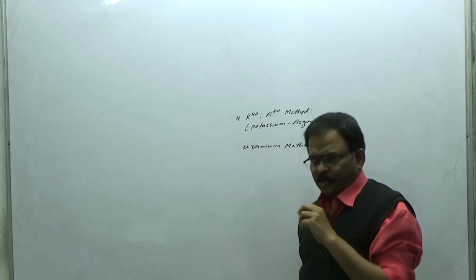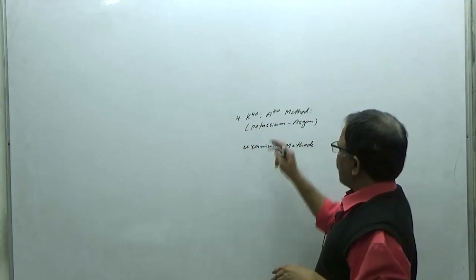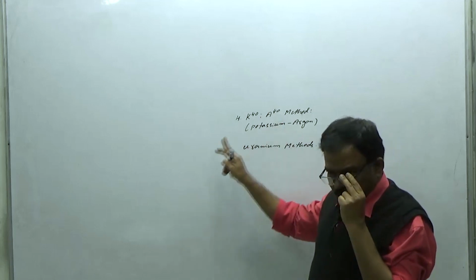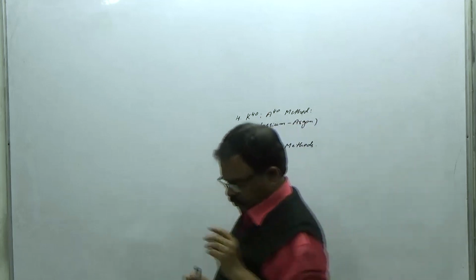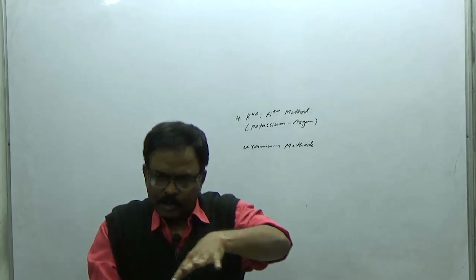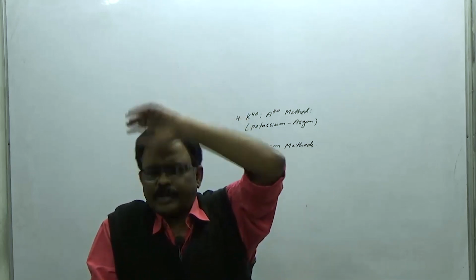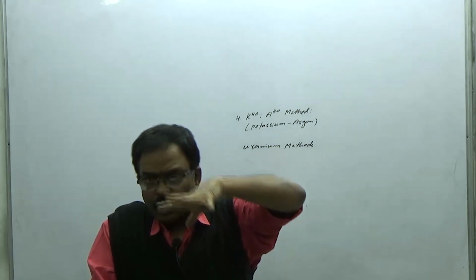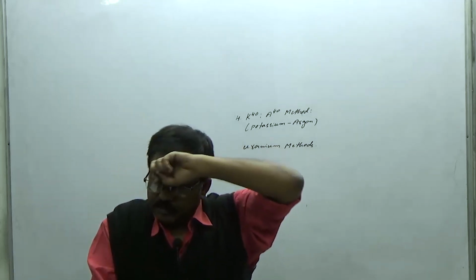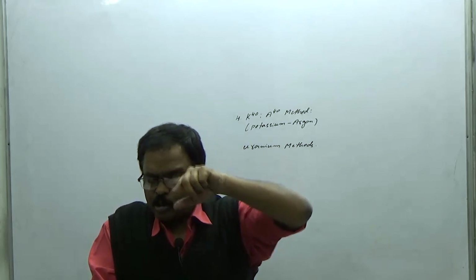But absolutely this argon is absent in lava. After coming into air, this argon enters the atmosphere. That means lava is totally argon free, but potassium rich.